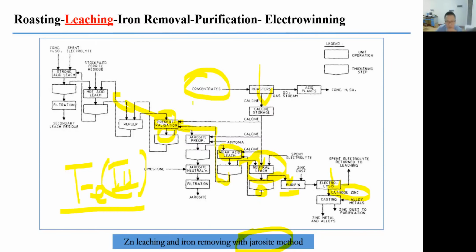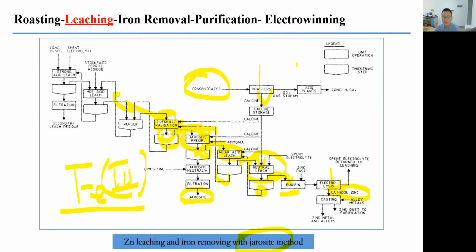So those ions should be separated with some method, and the ferric ion in the solution is treated with the jarosite precipitation process. In this jarosite precipitation process, we are producing this solid waste, which contains from 20 to 30% of iron. And in this way, some part of zinc can return with the leachant.